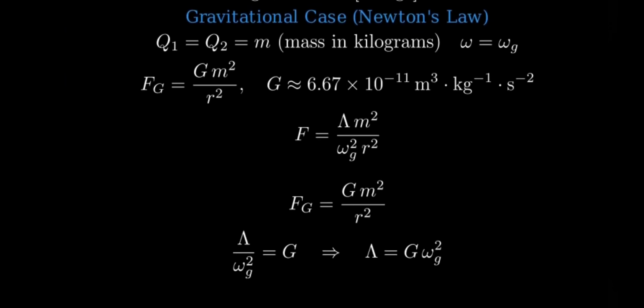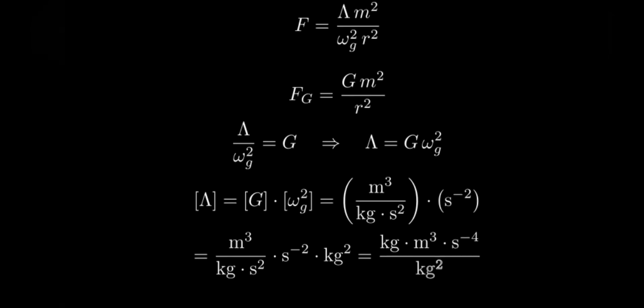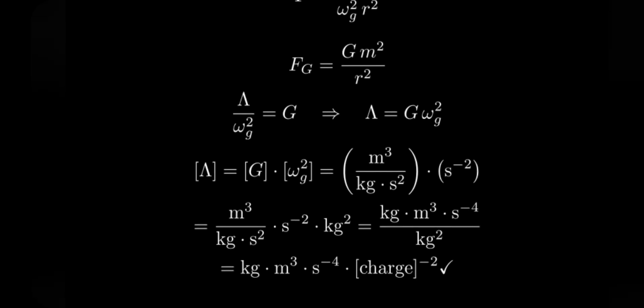Comparing our master equation with Newton's law, we can see that lambda divided by omega sub g squared must equal G. This means lambda equals G times omega sub g squared. Let's check the units. G has units of meter cubed per kilogram per second squared, and omega sub g squared has units of per second squared. Multiplying these, we get meter cubed per kilogram per second to the fourth power times kilogram squared, which simplifies to kilogram meter cubed per second to the fourth power per kilogram squared. This again matches our derived units for lambda.